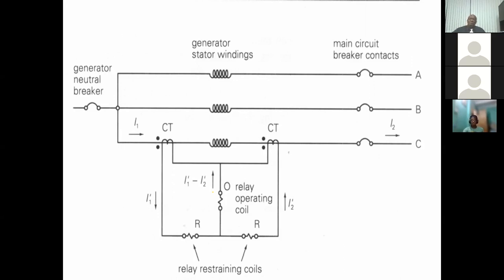However, by passing that large current through the transformer, you run the risk of saturating CTs on either side. If you do that, then the differential system is going to interpret that as a fault existing on the transformer.